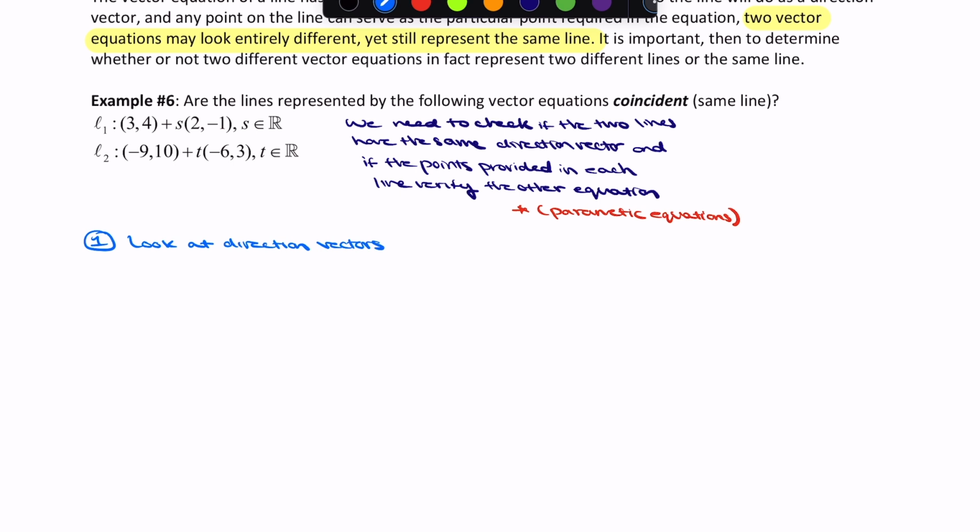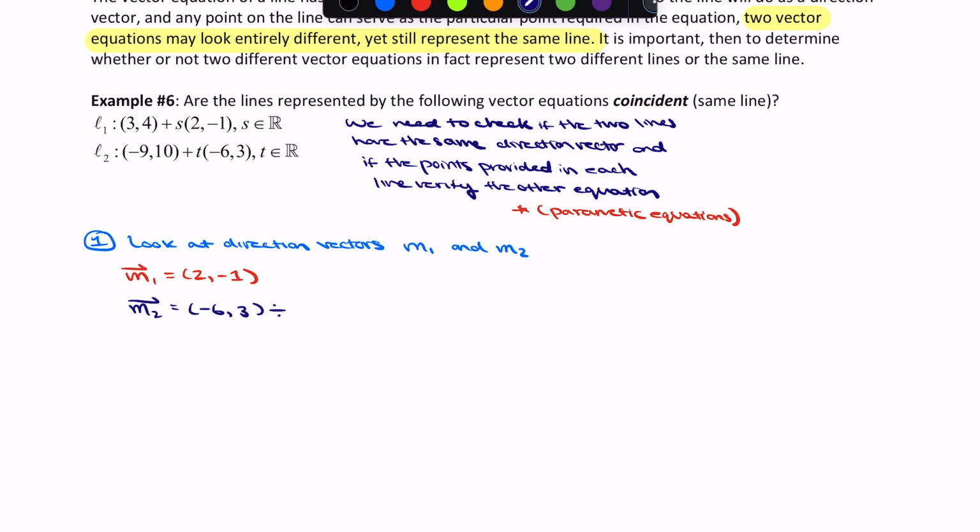If we look at our direction vectors for slope 1 and slope 2, our first direction vector is 2, -1. For our second direction vector, it's -6 and 3.